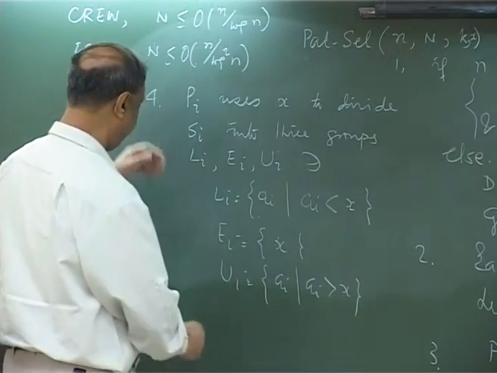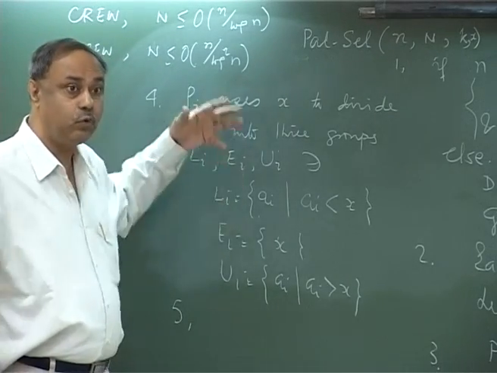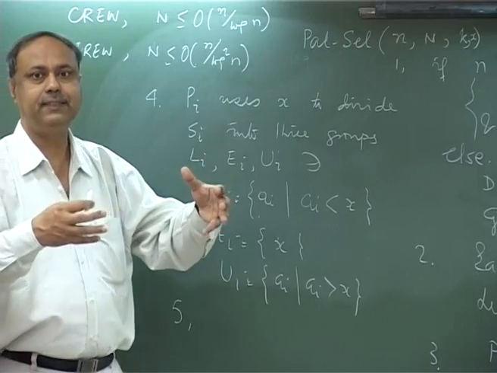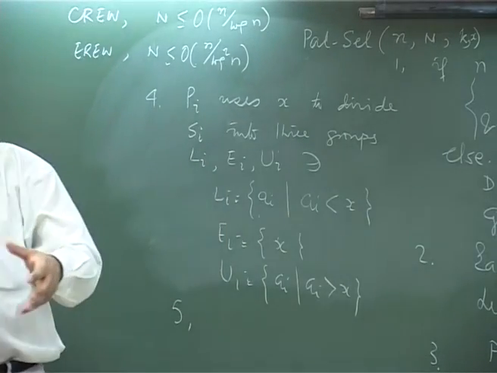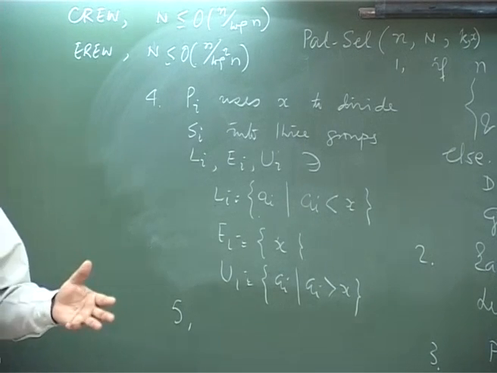Step 5 is now you have to find the global total number of elements smaller than x, the total number of elements equal to x, and the total number of elements in Ui, because otherwise you will not be able to know that.